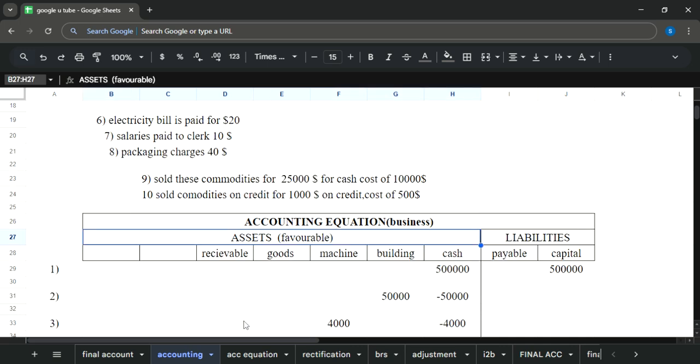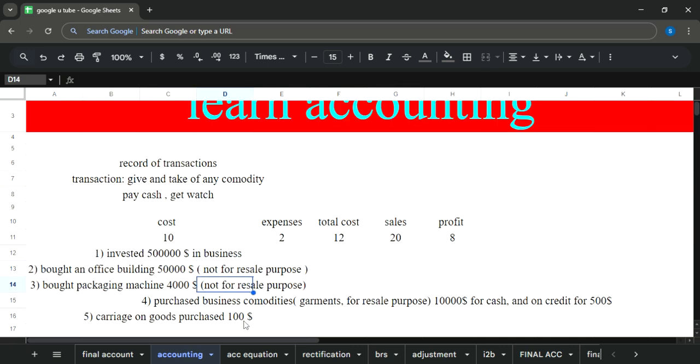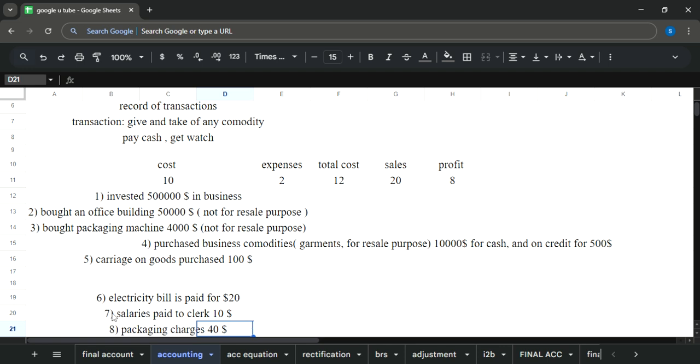Now next step we will see our sixth item, and that is electricity bill. Look, please understand the nature of electricity bill is very different to salaries paid and packaging charges. This is a pure business expense, and electricity bill is not directly related with your trading account.